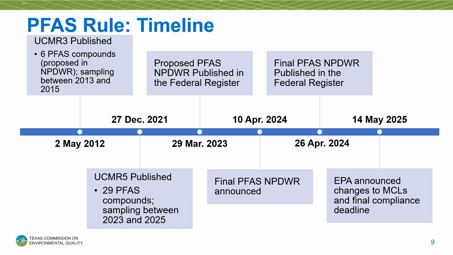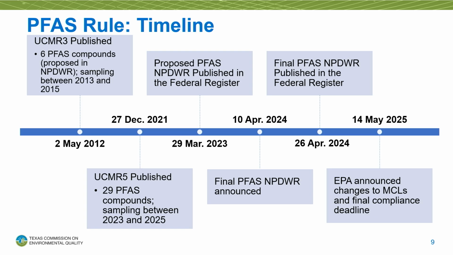And then in December 2021, UCMR 5 was published, and that contains 29 PFAS compounds that were chosen to be sampled. And that sampling happened between 2023 and 2025.